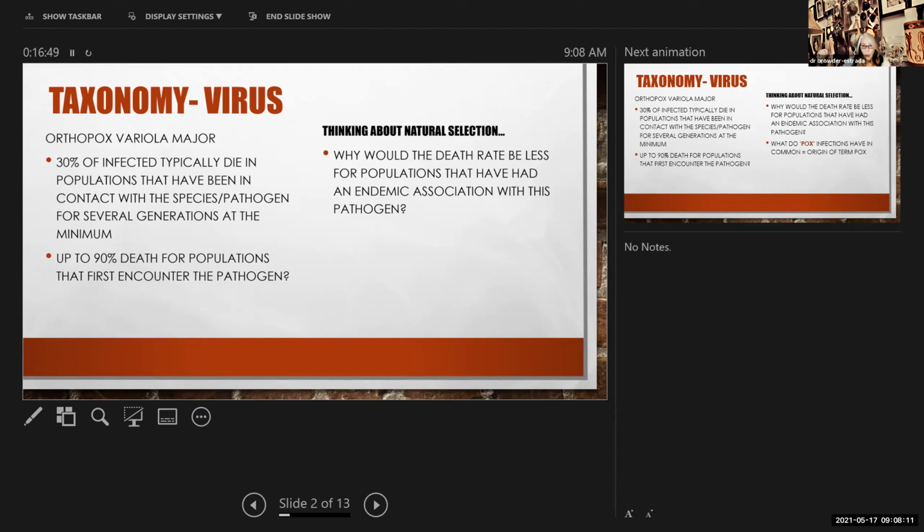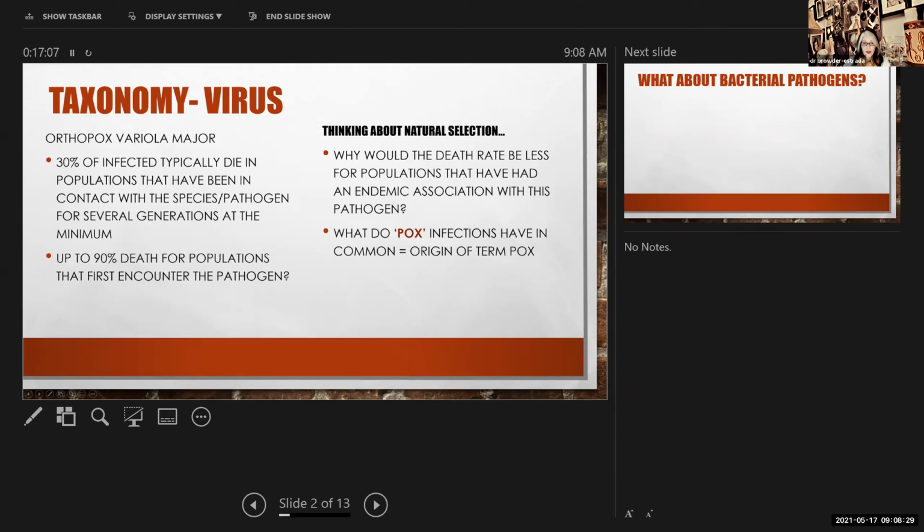When it meets a whole brand new population that has not been, right, filtered or selected, then initially it wipes out a huge number. But within about a century, we see that, let's say with Native Americans, their death rate when they get smallpox is approximately the same, about 3 out of 10.